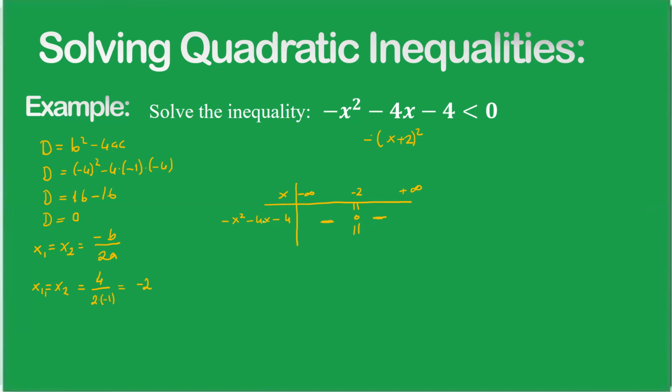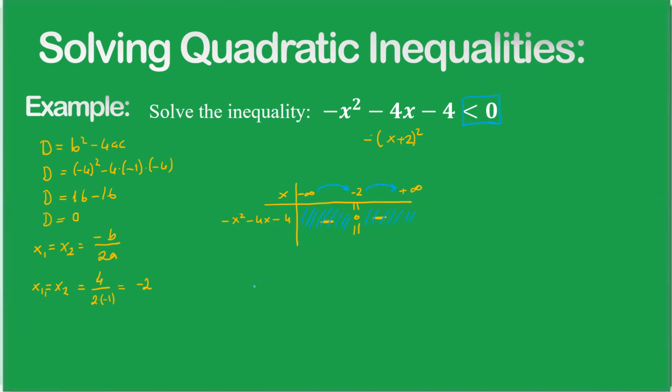So what are we searching? This case is important: less than 0. Which numbers? Here, these numbers are less than 0. So where is the solution set? Here is the solution set, from minus infinity to minus 2, and from minus 2 to plus infinity.